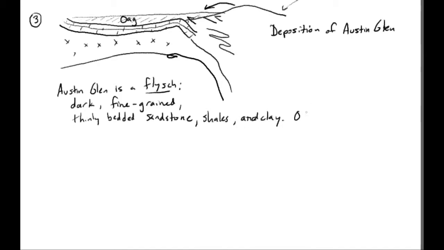Flysches are often deposited by something called turbidity currents in deep water.